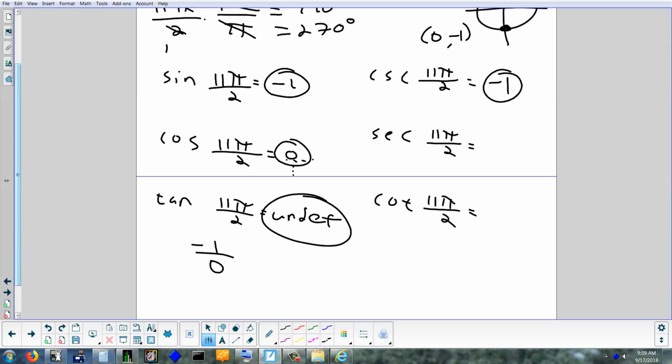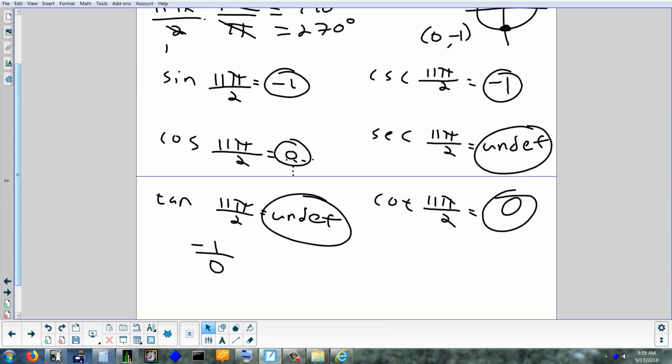And Oscar, what do I get when I flip 0? You get 1 over 0, which is undefined. You can't do that. So when you flip 0, you get undefined. When you flip undefined, you get 0. Again, that would be 6 separate problems on the test. Any questions on that?